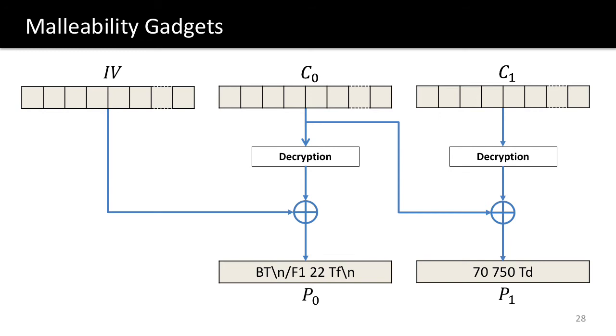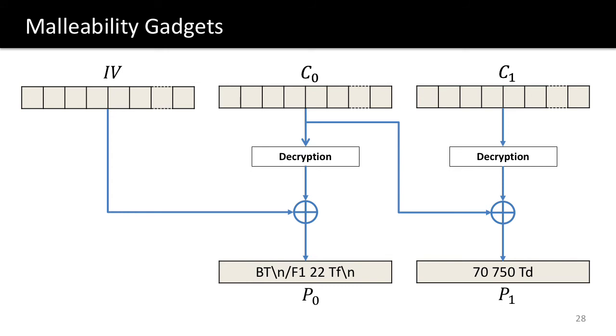So this is, as you probably know, the decryption function of CBC, the cipher block chaining mode, as used by PDF encryption. And in the upper part, you can see the ciphertext blocks C0, C1, and so on. And in the lower part, there's the plaintext blocks. So decrypting a block of ciphertext and then XORing the previous block of ciphertext onto that will result in the plaintext block.